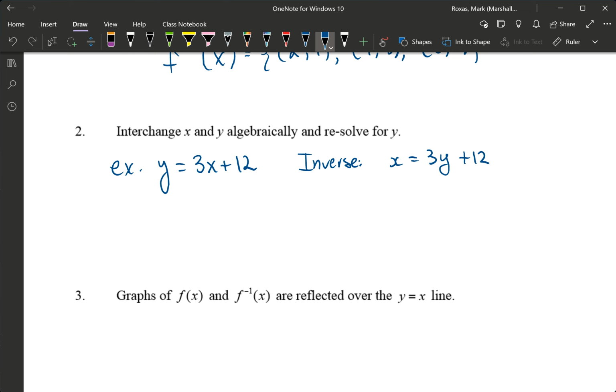And then like all functions, we have to write y in terms of x, so we resolve for y. If I subtract 12 from both sides, I get x minus 12 equals 3y. Then if I divide both sides by 3, I get 1 over 3 x minus 4 equal to y. Then I just replace y with our inverse function notation. So the inverse function equals x over 3 minus 4.